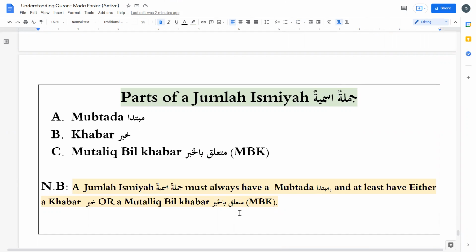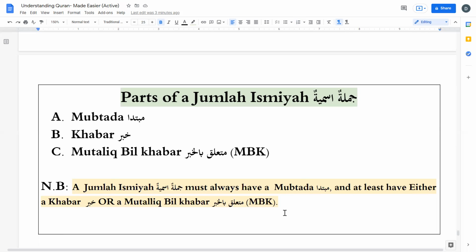The important thing is that a Jumlah Ismiyah must always have a mubtada, because by definition, Jumlah Ismiyah is the Jumlah that is ism based. So there has to be a mubtada always, with at least either khabar or muta'alliq bil khabar.